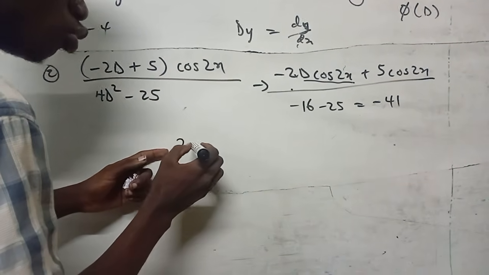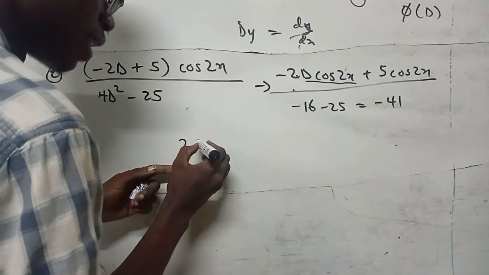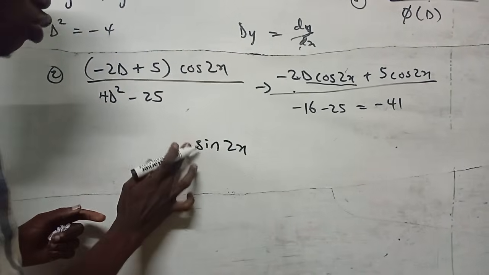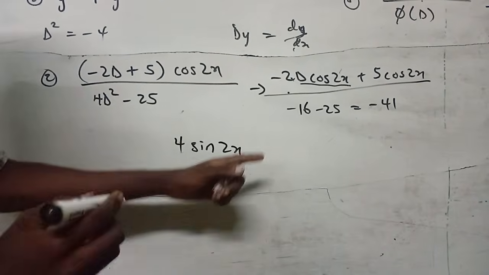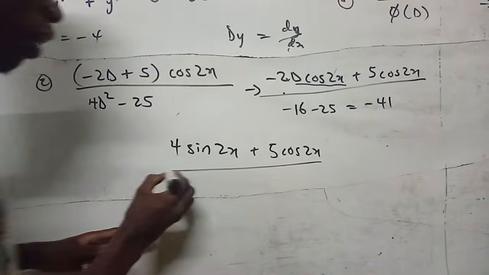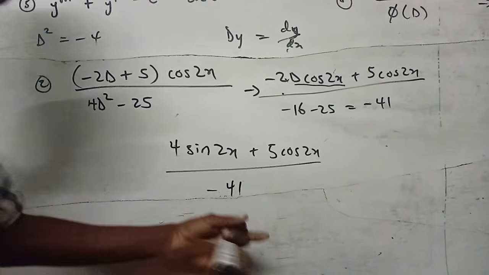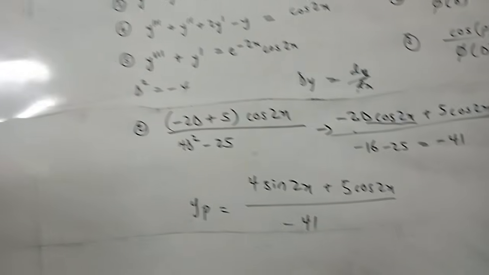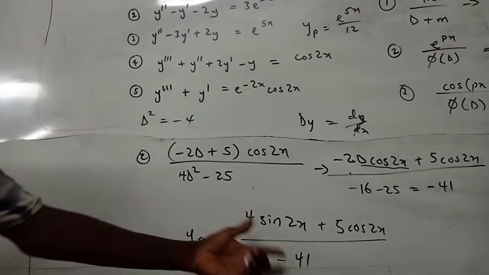So we'll have 2 sine 2x. 2 is coming out, so this one is going to turn to 4. So we have 4 sine 2x plus 5 cos 2x, everything over minus 41. And this will be our y particular. This is the final answer for question number 4.